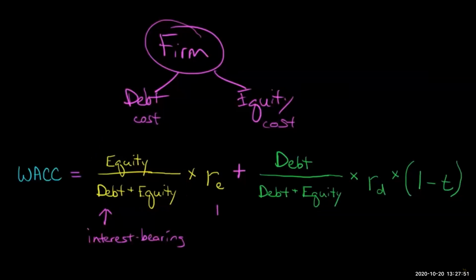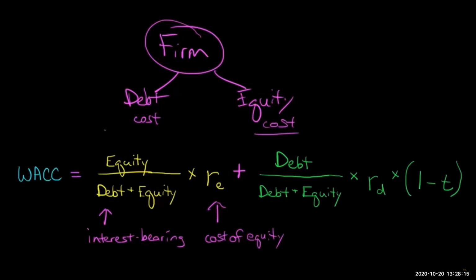This is the cost of equity. Let me just write that here. Cost of the firm's equity, and that'll be something like 8%, 9%, 15%. It depends on the firm. But the main idea is that we have to figure out the proportion of the firm that is financed by equity and then multiply that by the cost associated with that equity.